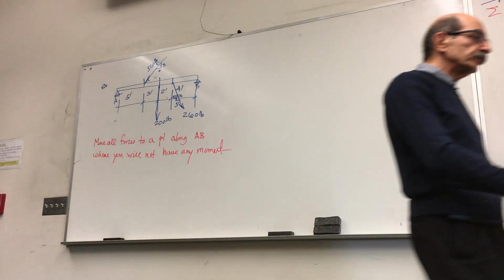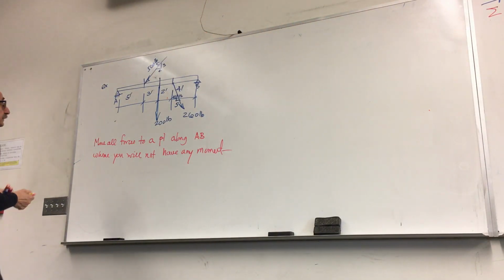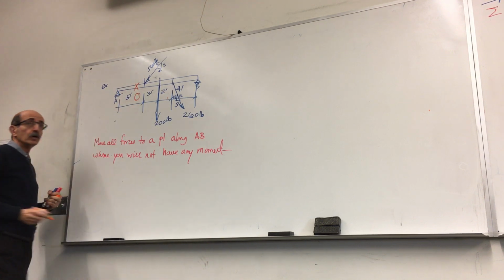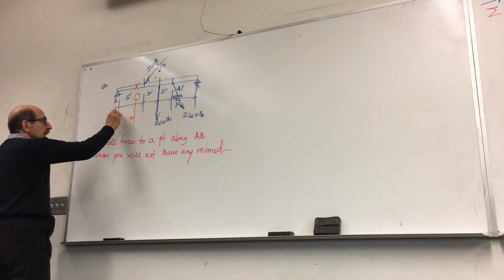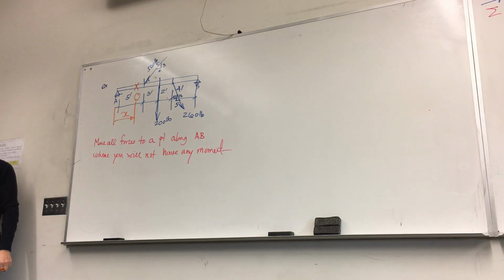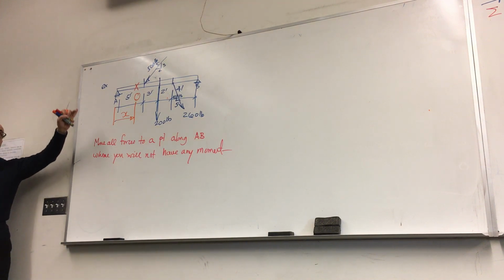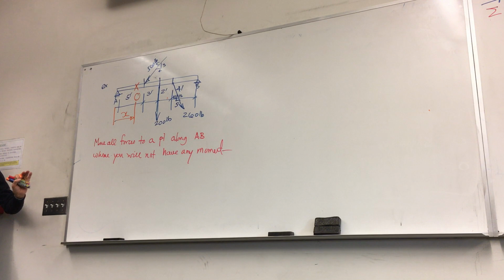You've been asked to find again an equivalent system by moving these forces, in this case, to a point, let's say point O. We don't know what the location of that point is. Let's say it is located at distance x from A. But what we know is that if you move all these forces to point O, the resultant moment from this action would be 0. So you treat the problem exactly the same.